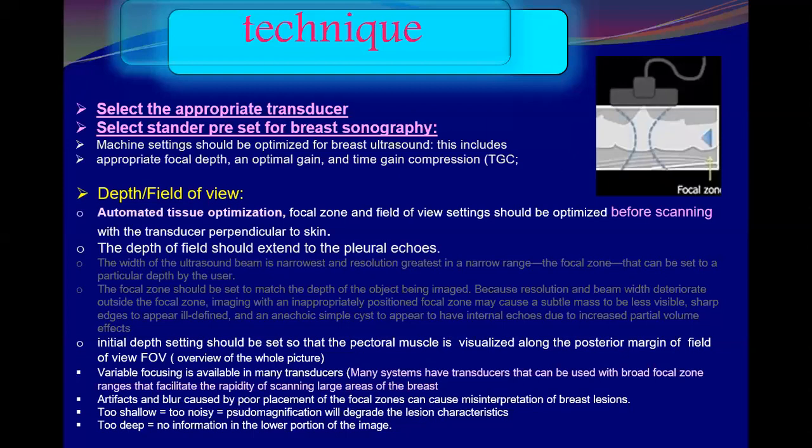And if you remember, we said the transducer has two planes. You remember that? The longitudinal and the elevator planes. And we said the longitudinal plane is usually optimized by adjusting the focal zone. Do you remember that?